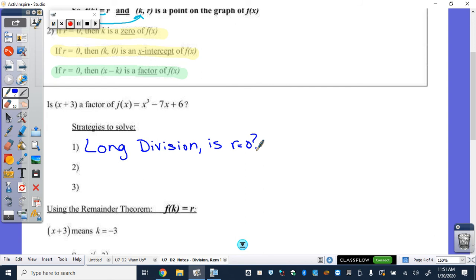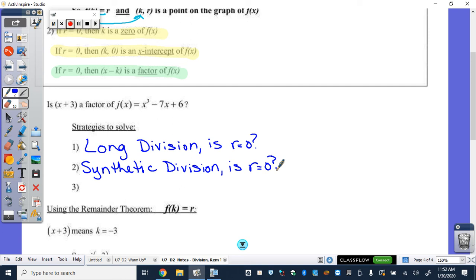If the remainder is a 0, then yes, it's a factor of the polynomial. Second way, we were just practicing synthetic division. Again, is your remainder a 0? Yes or no. If it is, then it is a factor. If it's not, then it's not a factor.